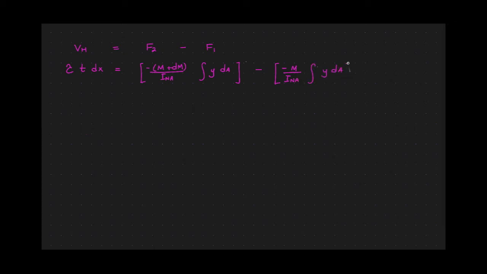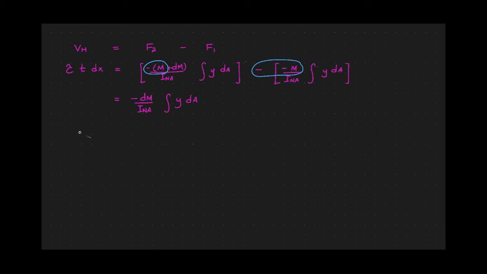The right side of the equation looks a little bit messy, so let's clean it up and factor out the integral of y dA. As you can see on the right side of the equation, I have negative M and positive M. Of course, they will cancel out. So what I have left is negative dM over I of the neutral axis.